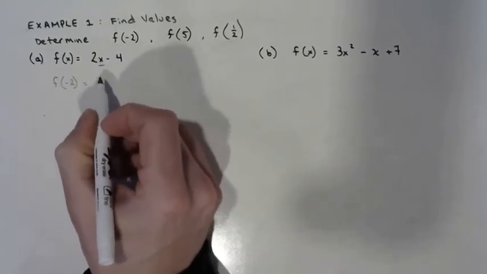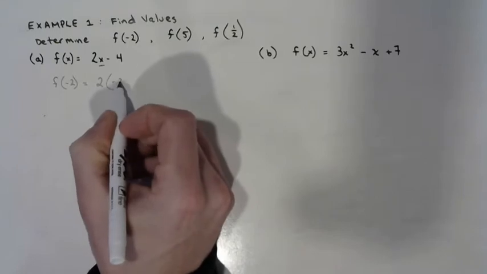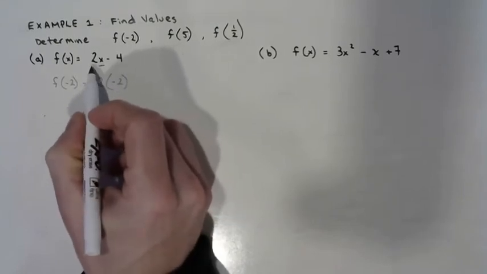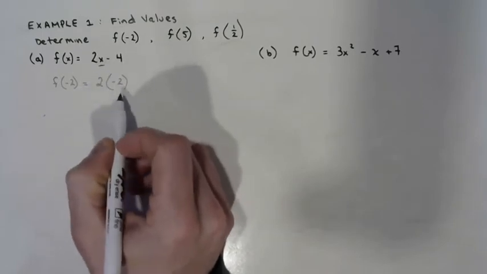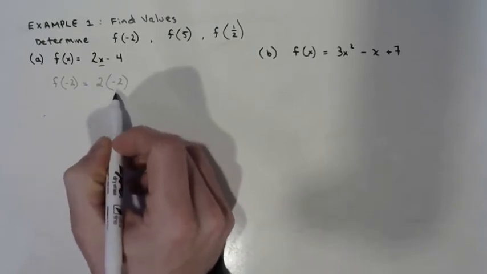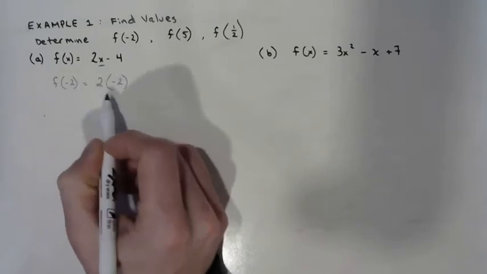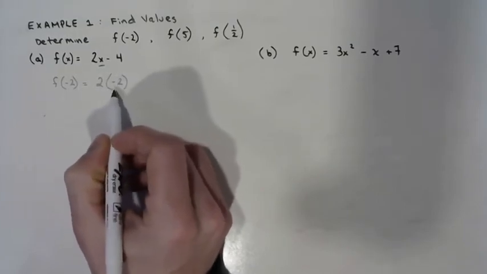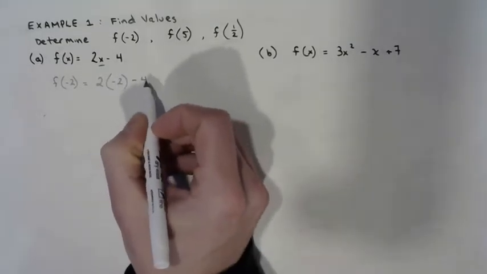Well, that means I copy down what I have. Remember, multiplication is the default operation of algebra, so this 2x means 2 times x. So it's easiest if I put my value in brackets, and that way, especially because it has a negative sign, I can see that the negative sticks with the number 2. Over here, -4.